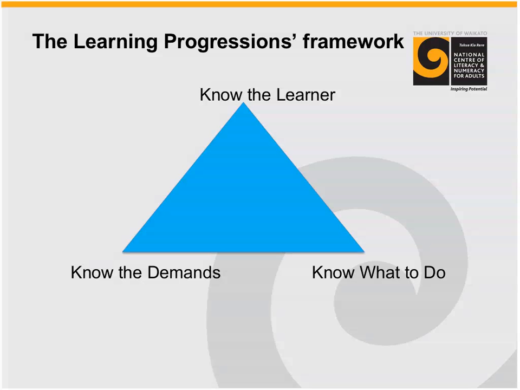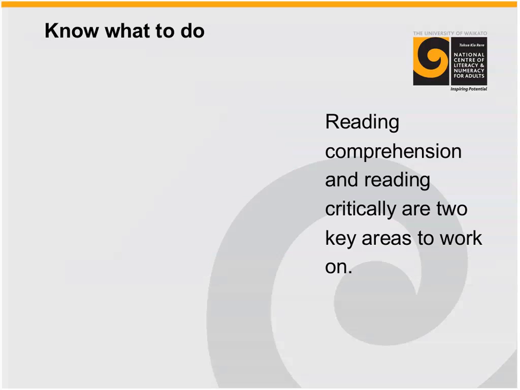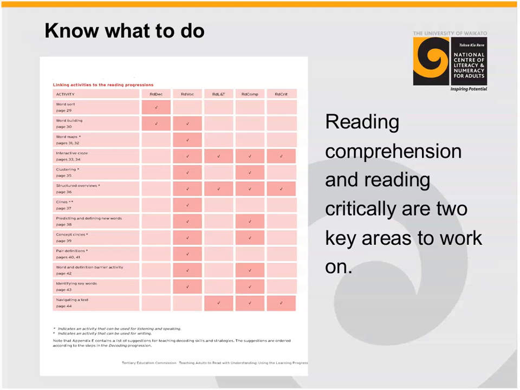In the Reading with Understanding book, on pages 26 and 27, I think, there is a table of activities, and they have been marked against the learning progressions across the top. So again, we have the reading progressions at the top. We have activities coming down the left-hand side.